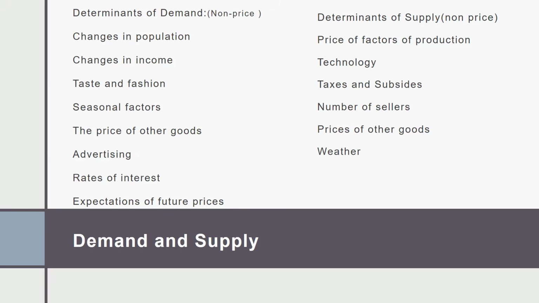Interest rates low, you're more likely to take out a loan or spend your money. Interest rates high, you're less likely to spend your money or take out a loan. A lot of these things you would have seen already when you were looking at the factors that affect households.